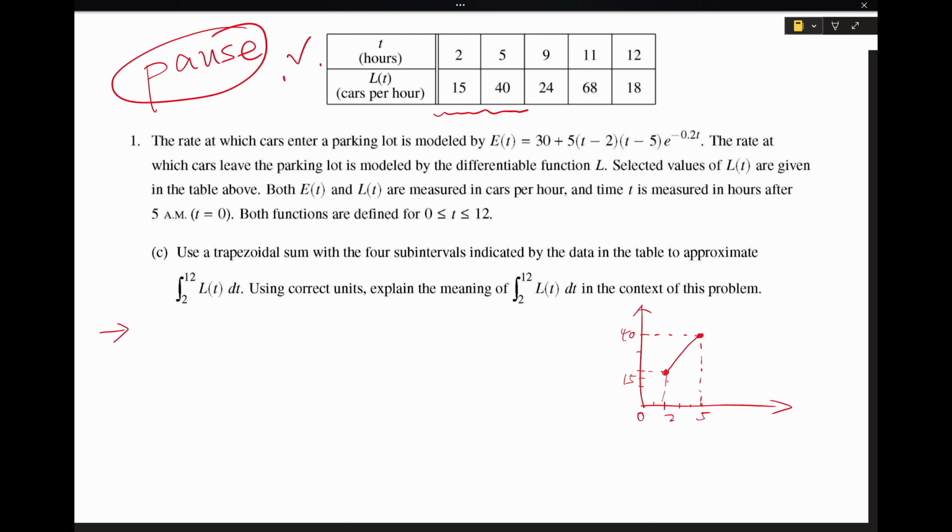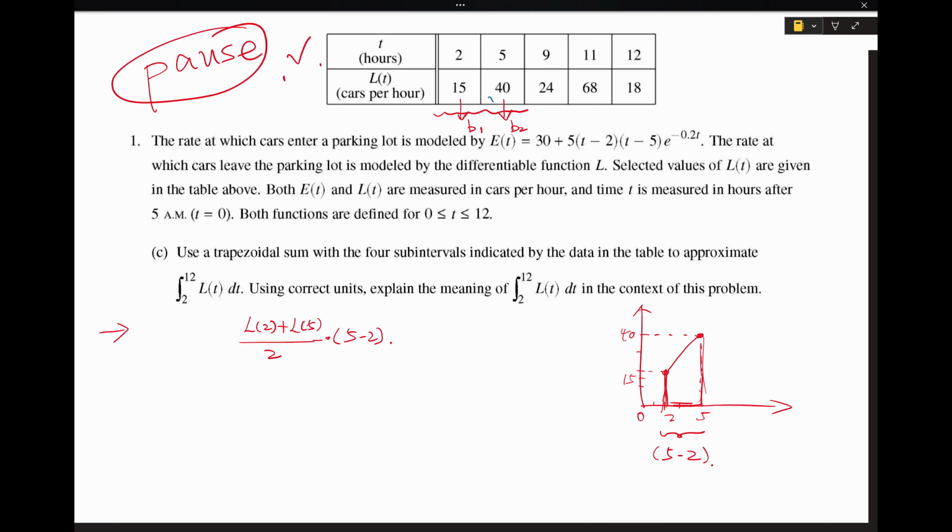Here in this trapezoid, we have the 15 and the 40 to be upper base and lower base, and the height would be the difference between 2 and 5, which is 5 minus 2. So the expression would be half of the sum of these two bases times the height.